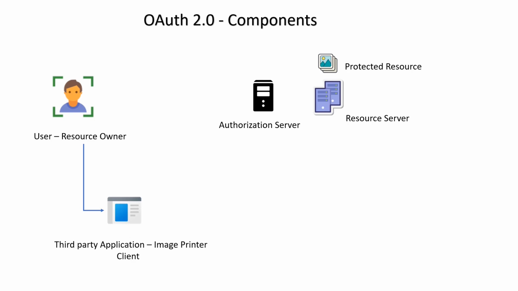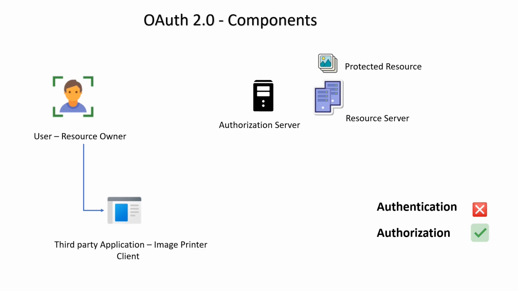But before that, I want to clarify that these two terms, authentication and authorization, are used very interchangeably. Sometimes people use them without understanding them properly. OAuth 2.0 is not for authentication, right? It is only for authorization. So please remember that the OAuth 2.0 framework is primarily designed for authorization.